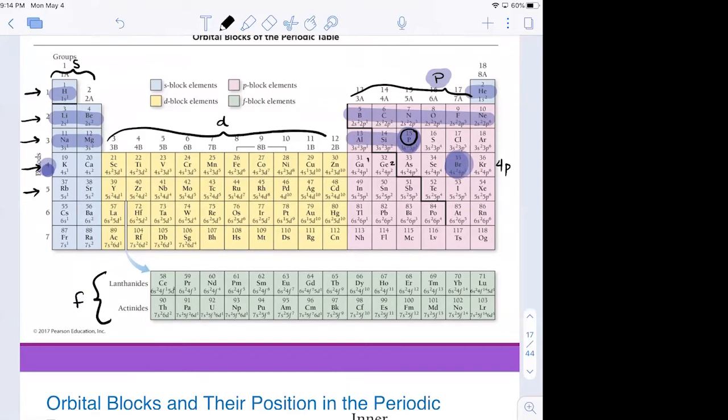He's 1, 2, 3, 4, the 5th element over. He should have his last orbital be a 4p5, and everything else is filled before it. That's the beauty of the periodic table. How it was set up did not have quantum mechanics in mind, but it fits perfectly. This quantum mechanical idea is amazing.